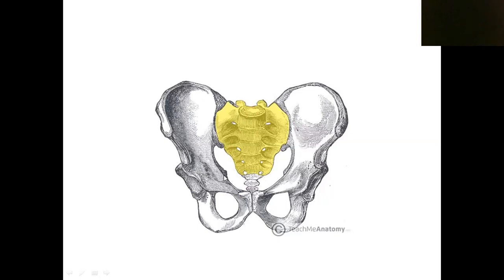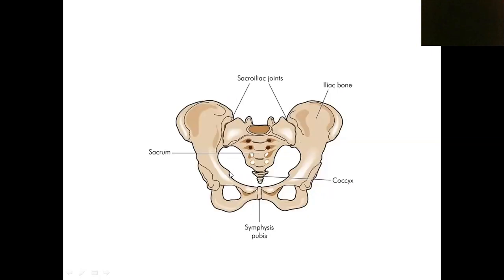Ischial spines are well prominent in males, and less prominent and widely separated in females.